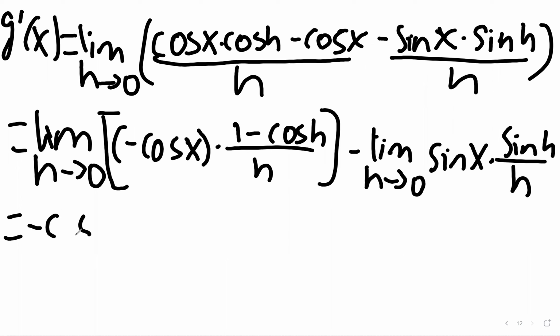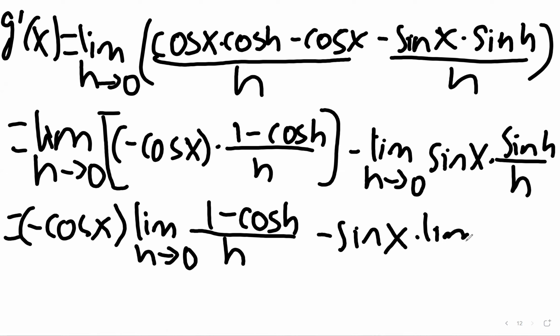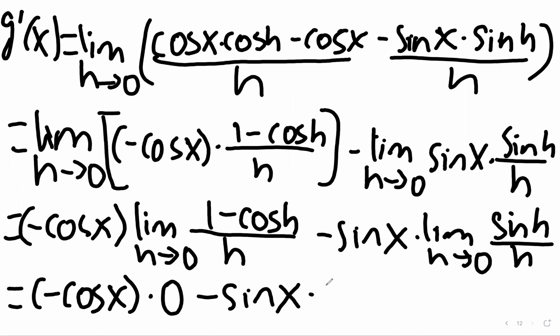So I will have minus cosine of x multiplied by limit h tends to 0 of 1 minus cosine of h divided by h, minus sine of x multiplied by limit h tends to 0 of sine of h divided by h. And here I will have minus cosine of x multiplied by 0, minus sine of x multiplied by 1. So in this case, I will have minus sine of x.